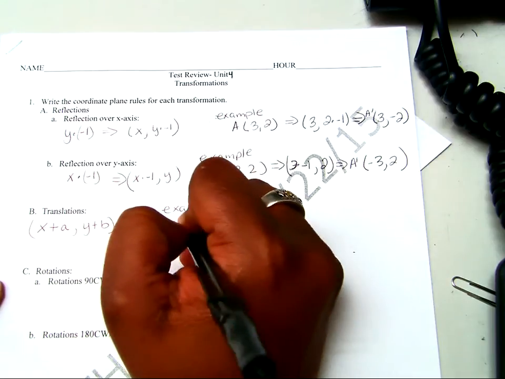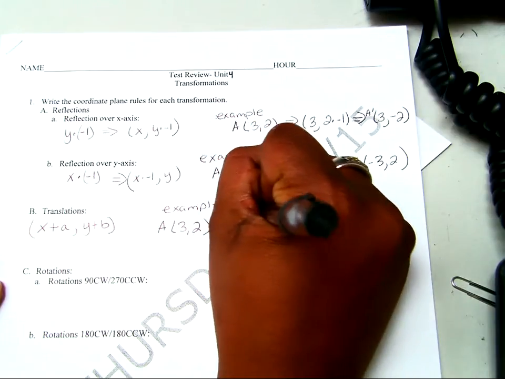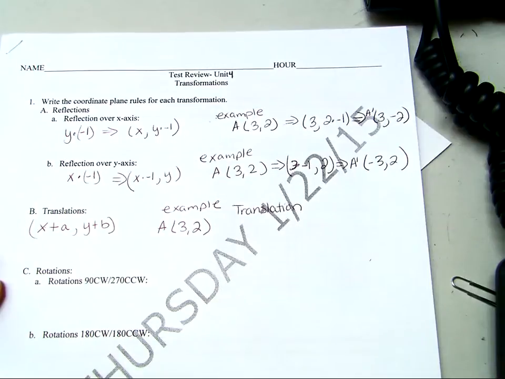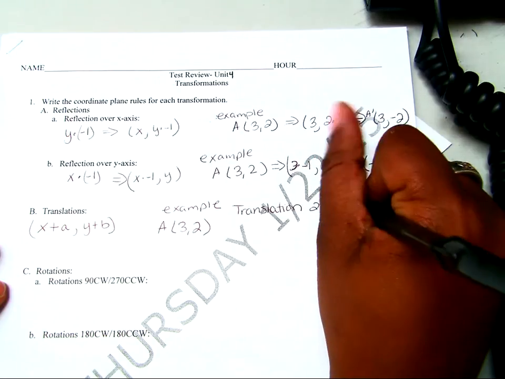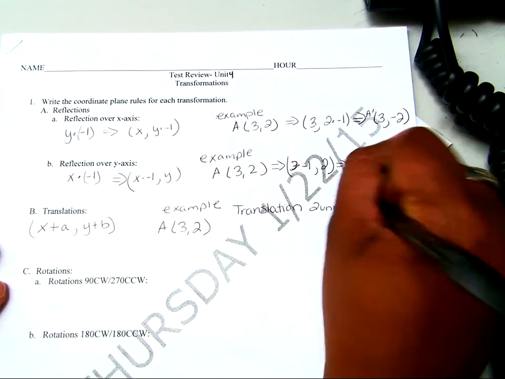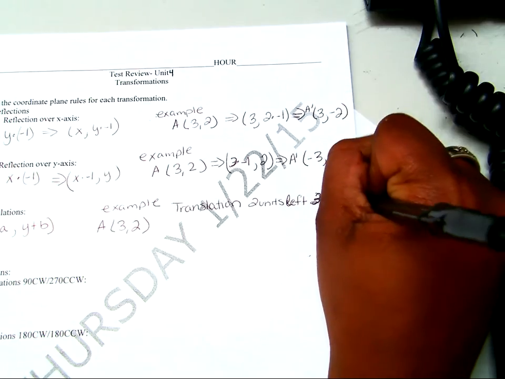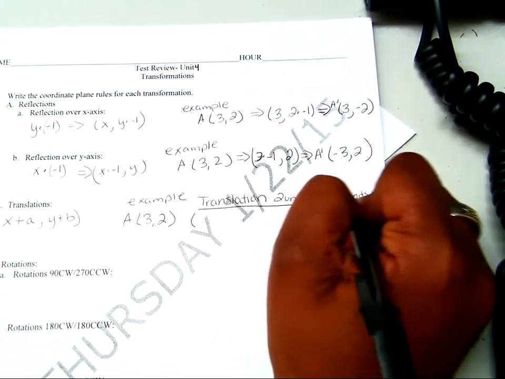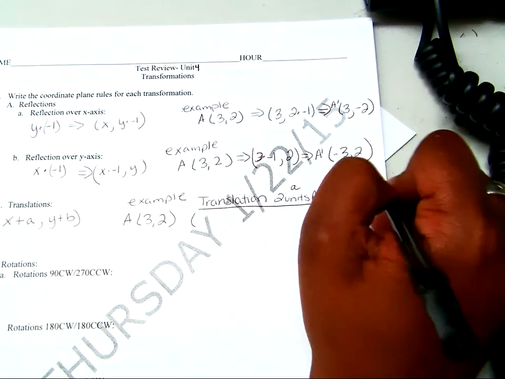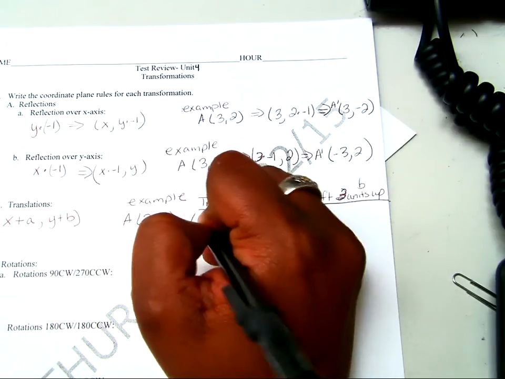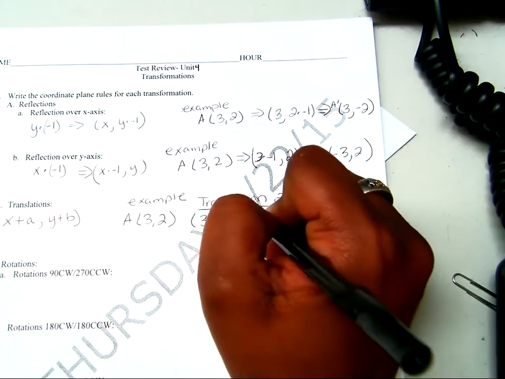If I have A equals (3, 2), and I have a translation of 2 units left to 3 units up, I would go, this left or right would be my a, this is my b, so 3 plus 2, 2 plus 3.